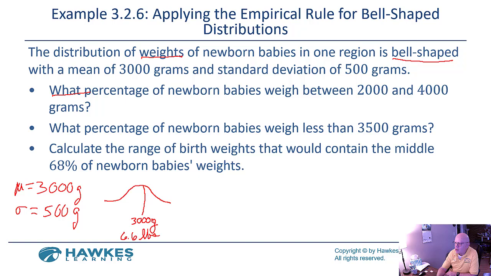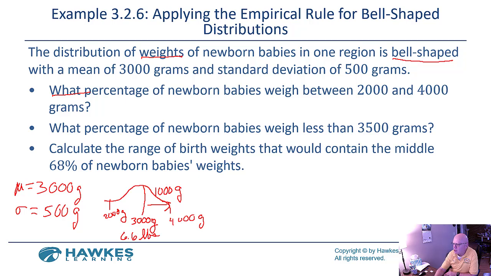Now it says, what percentage weigh between 2,000 and 4,000 grams? Well, the standard deviation is 500 grams, and we're talking about 2,000 grams here, and 4,000 grams there. How far away is that? From here to here is 1,000 grams. So what we need to ask ourselves first is, how many standard deviations is that?